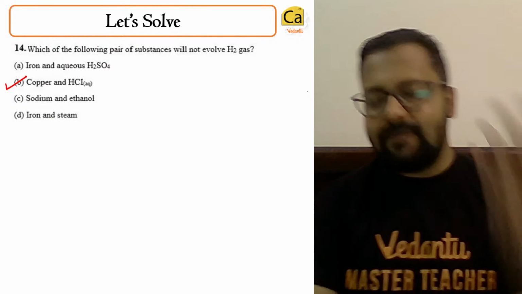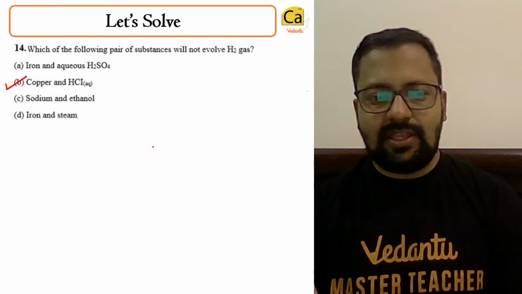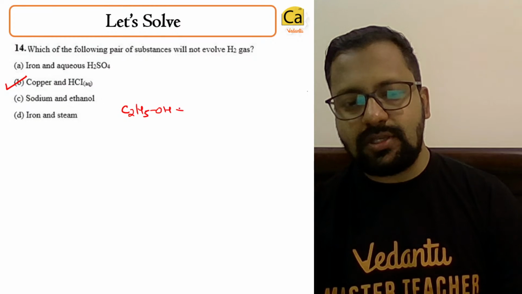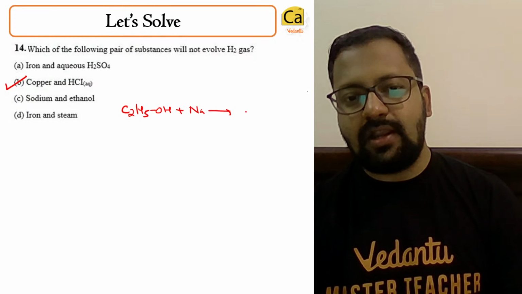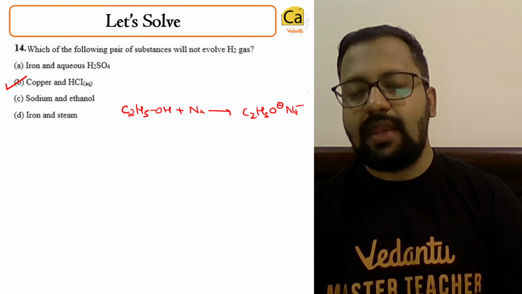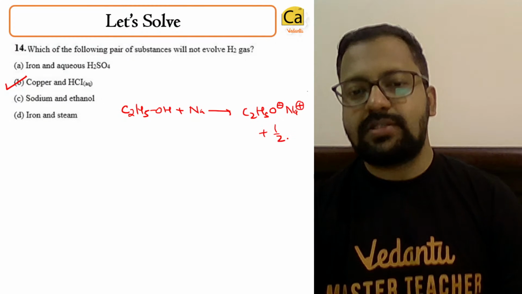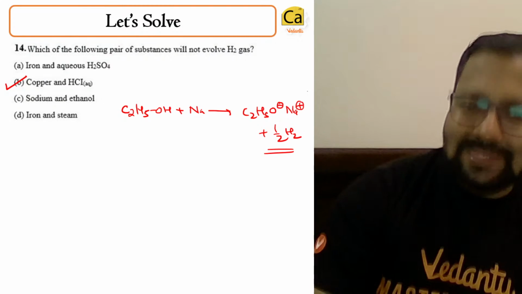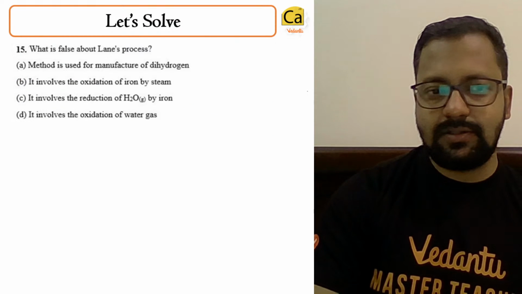Iron and steam will evolve hydrogen gas. Ethanol will react like this: C2H5OH plus sodium gives C2H5O minus Na plus and half H2. Copper and HCl. Clear? Chalo.